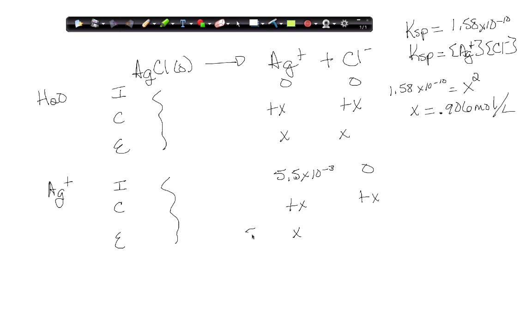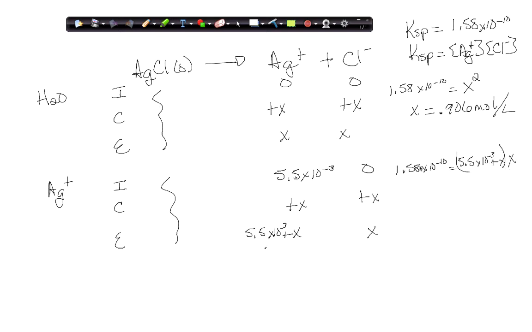So this is going to be 5.5 times 10 to the negative third plus x, and then also x. Okay, so now we can plug that into the Ksp expression and do the same exact thing. It's just now we're not starting with 0. So Ksp is 1.58 times 10 to the negative 10, and that's equal to 5.5 times 10 to the negative third plus x times x.